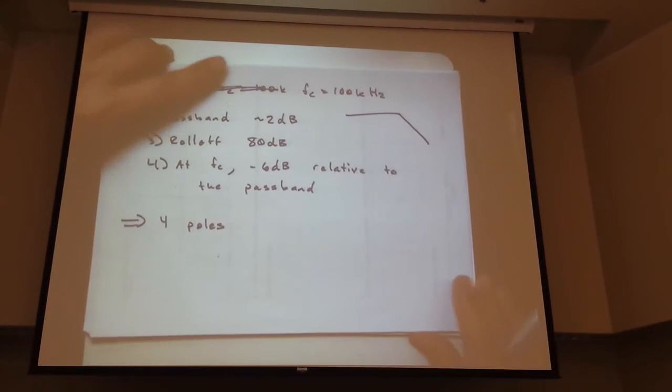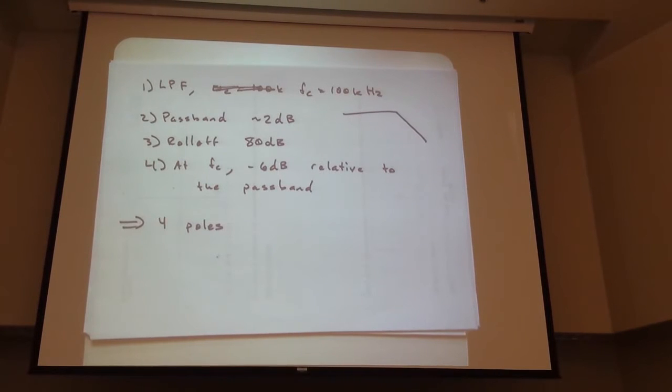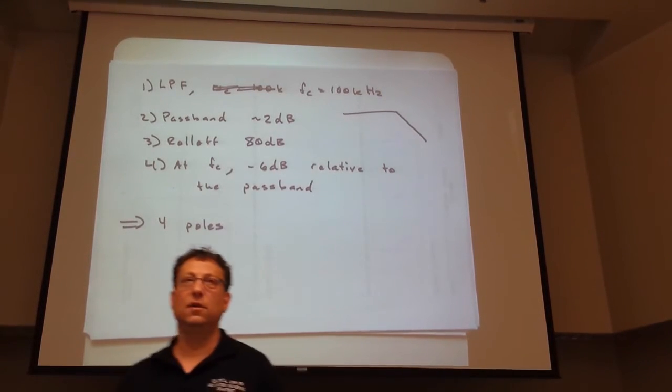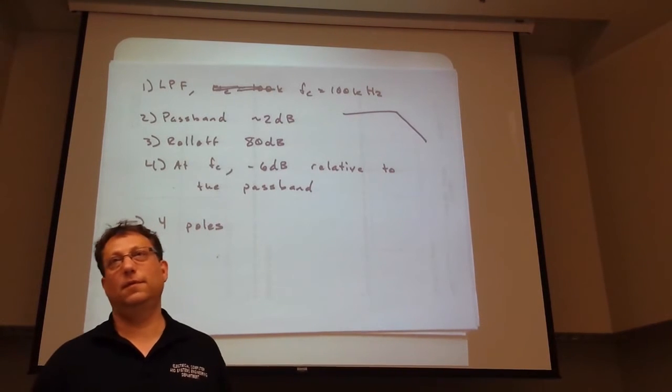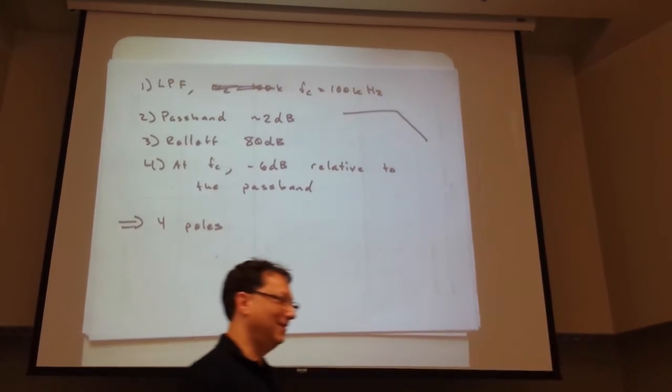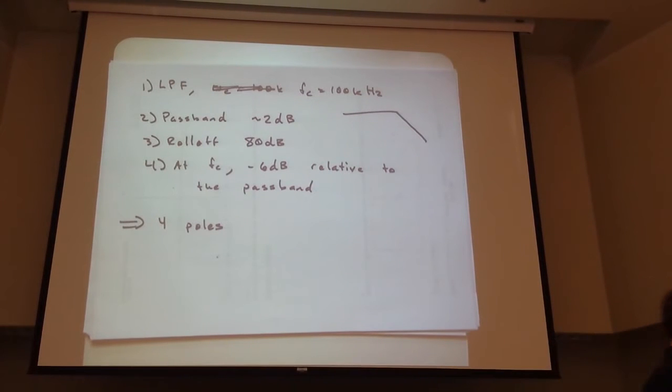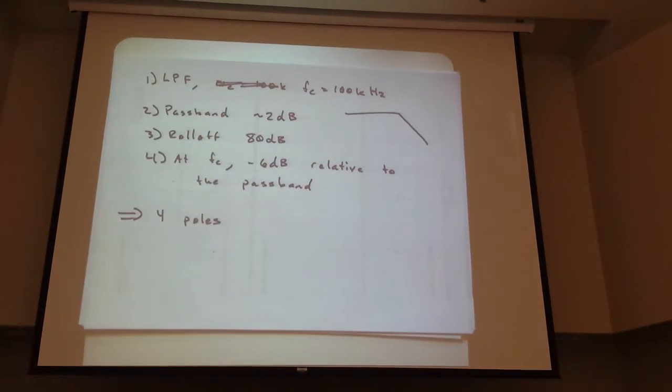It's actually not so many. Again, better filters are higher order, so this second order stuff is weak. Higher order filters have much better roll off, and less variation in the pass band. So we have 4 poles.